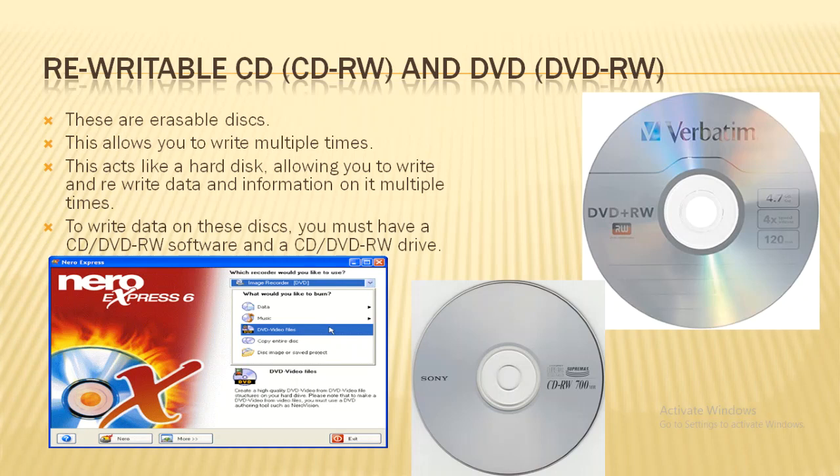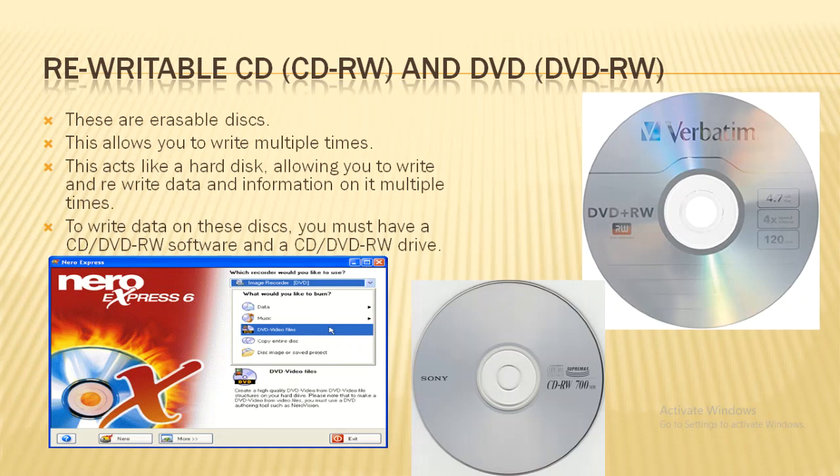Next one is rewritable CD or DVD. In the previous one we can write the data but cannot rewrite it. But with these rewritable CDs or DVDs, we can use them multiple times. Once you write the data, we can erase it, and if you want we can rewrite the data also.